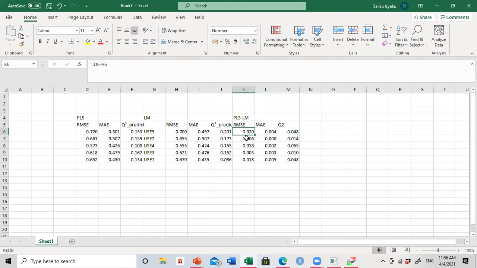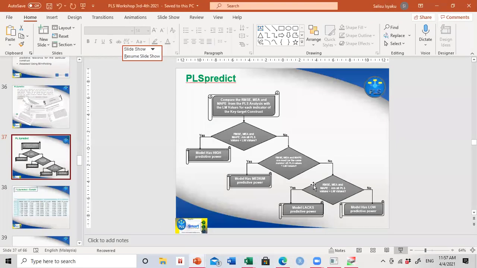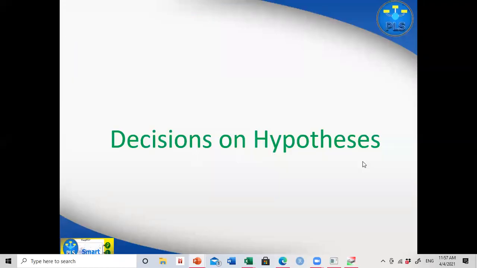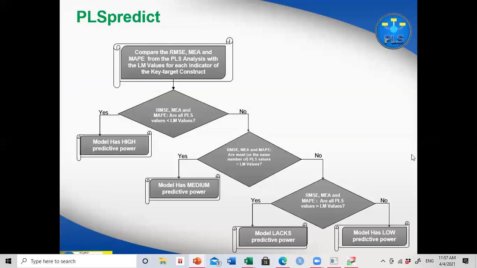Okay, so in this case, we have some figures positive and some other figures negative. So now here, what you should do is you look at this table, this figure. Where did our result fall? Medium. Where did it fall?